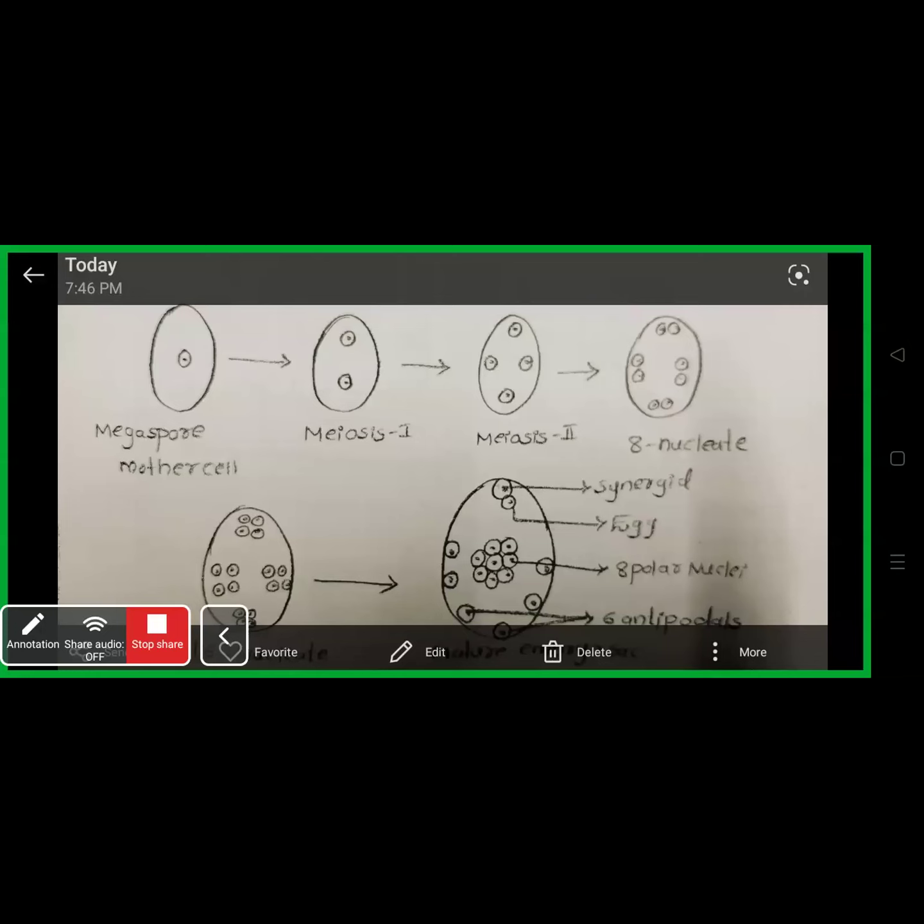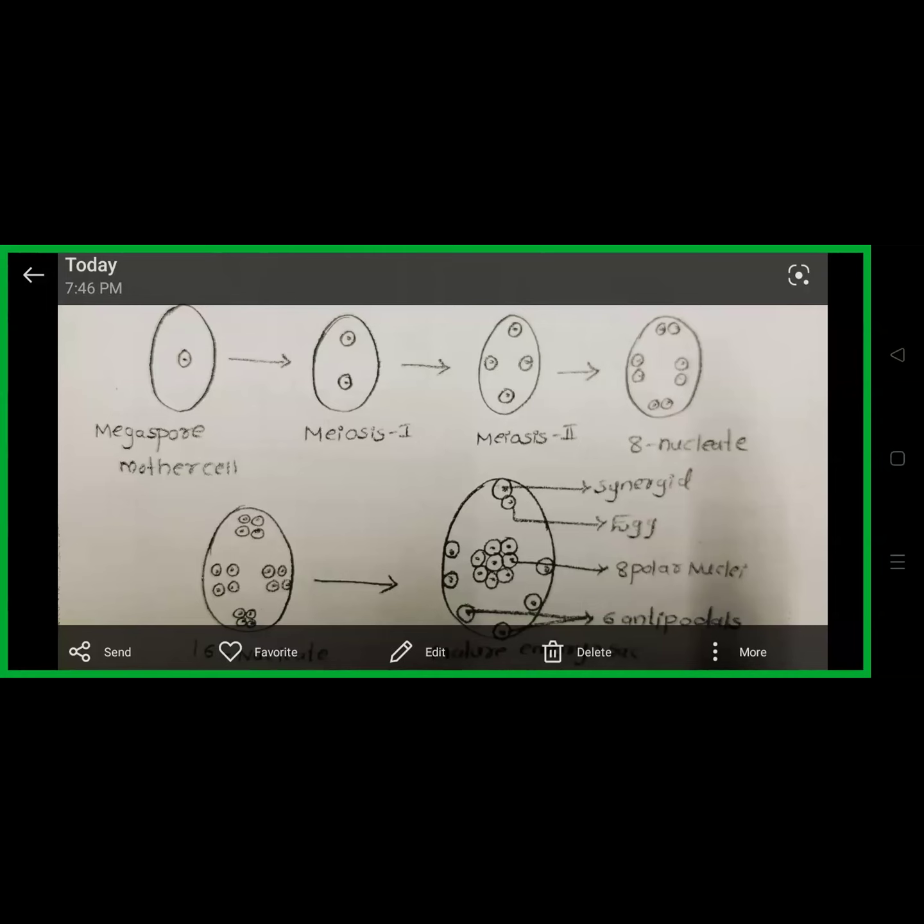In this tetrasporic embryo sac, the 4 haploid megaspore nuclei divide once or twice and form 8-nucleate or 16-nucleate embryo sacs. Tetrasporic embryo sacs are totally 7 types. First I am going to discuss the 16-nucleate embryo sac types.